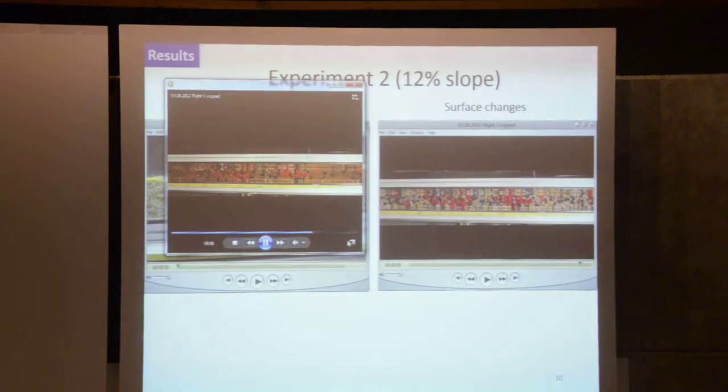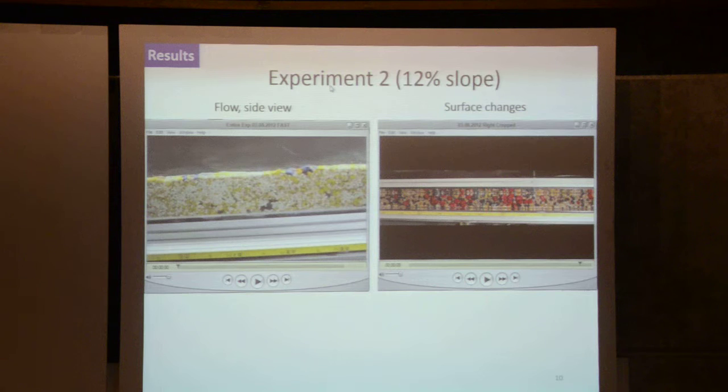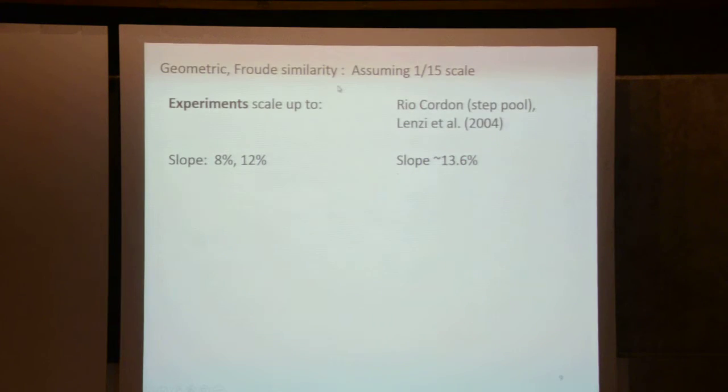One more question. Can you explain how you created the sediment pulses? Was it kind of dumping, because I'm not familiar with this. Yeah, so the sediment pulse we did by using a sediment feeder. Let me just hop back to there.